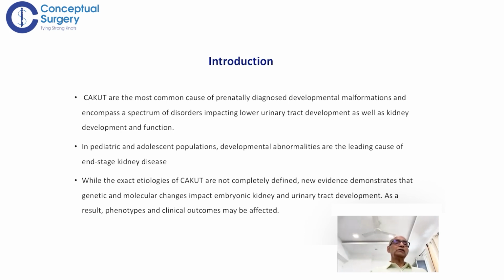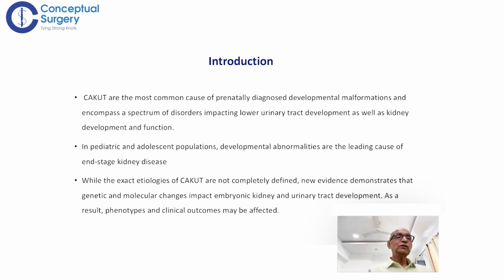However, they not only manifest in the immediate postnatal period, but they could also have long-term consequences, and are regarded as one of the commonest causes of end-stage renal disease in children and adolescents. And further on, polycystic kidney disease, for instance, can manifest much later, after the third decade.